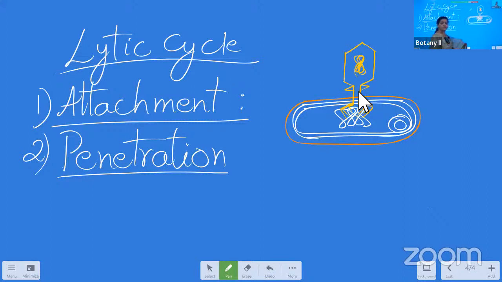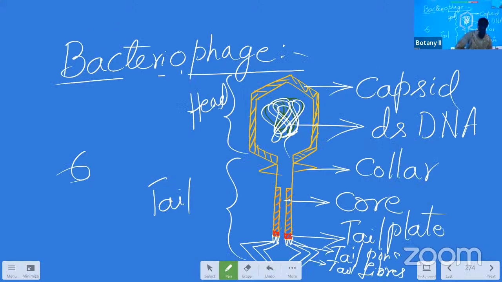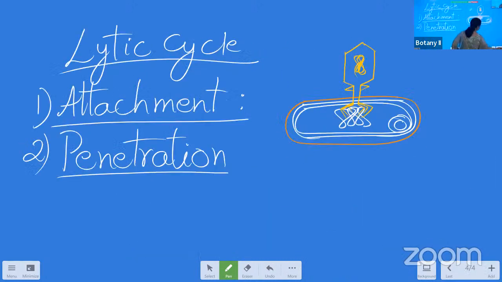The tail pins and the tail plate of the bacteriophage release enzymes on the bacterial cell wall in a much more concentrated way, so that the cell wall disintegrates at that place and the tail pins can go through the cell wall and plasma membrane into the cytoplasm.